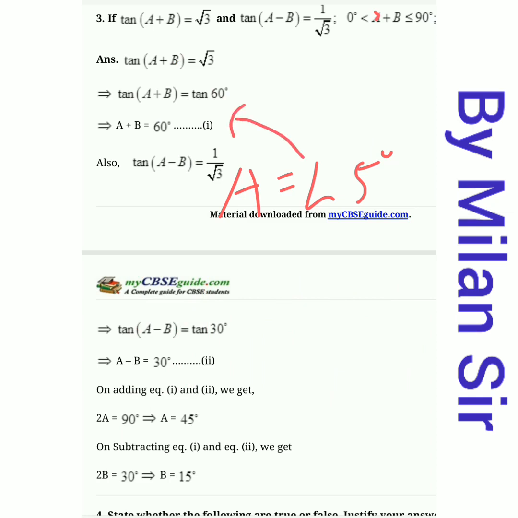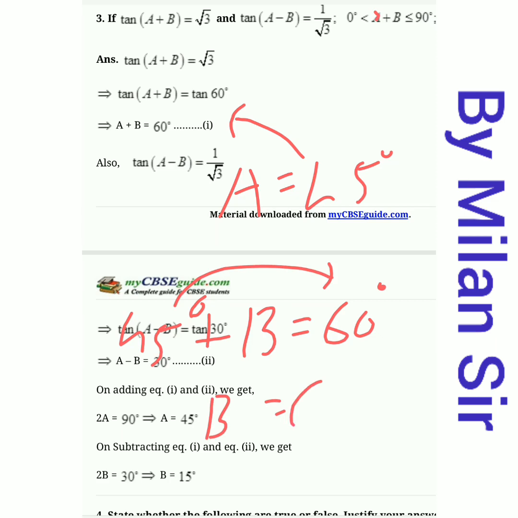So in place of a, I am writing 45 plus b is equal to 60. For finding b, transfer this 45 to the right hand side, so minus 45. So finally we got b is equal to 60 minus 45, it is 15. So a is equal to 45, b is equal to 15.